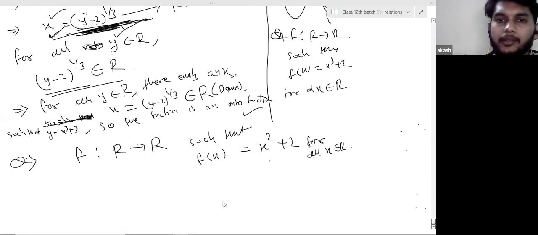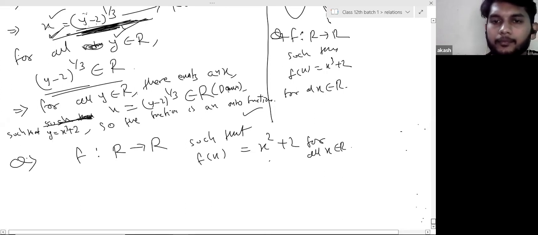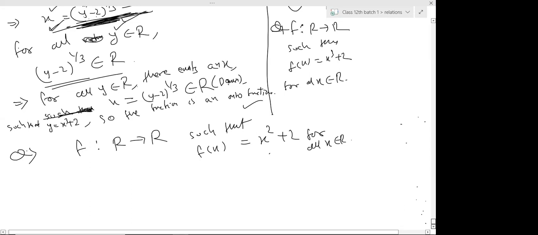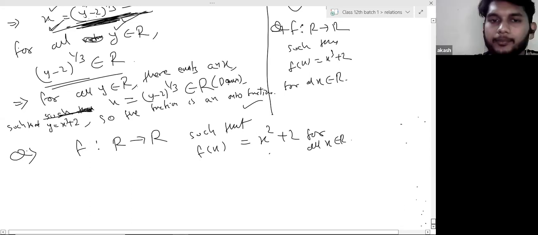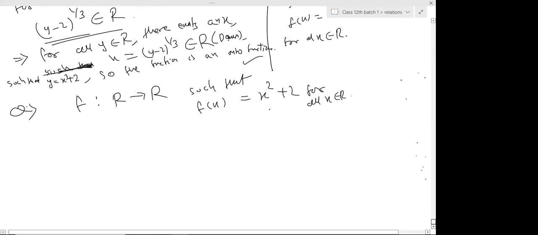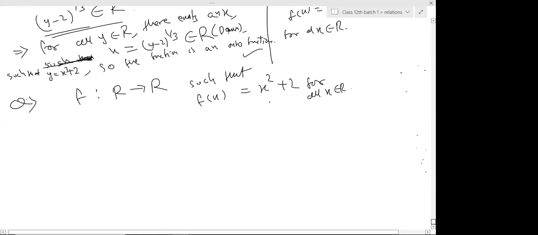Right, this is not surjective. Said, can you explain to me how to solve this? Yes, sir. It's given f of x is equal to x square plus 2. So f of x is y.